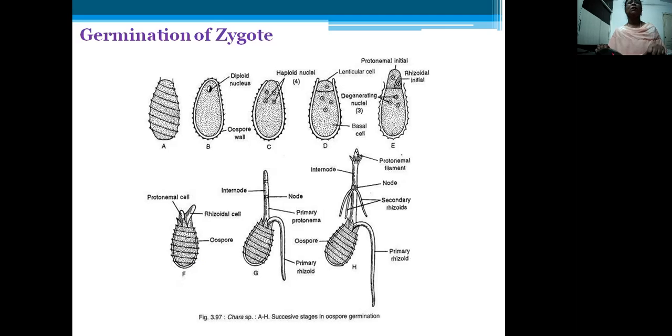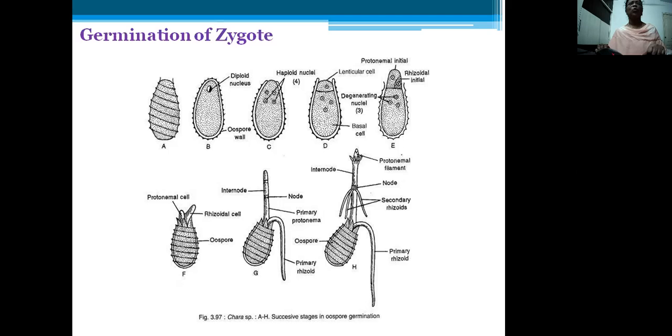The basal cell disintegrates along with its nuclei. The upper region has a single lenticular cell with a haploid nucleus, which undergoes division to form a rhizoidal initial and a protonema initial. The protonema initial undergoes divisions to form a structure with nodes and internodes.